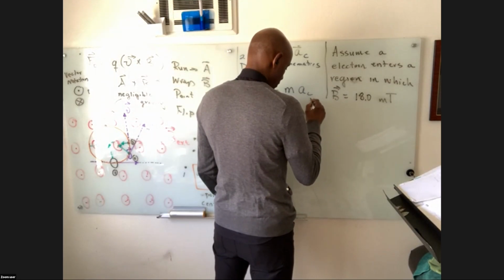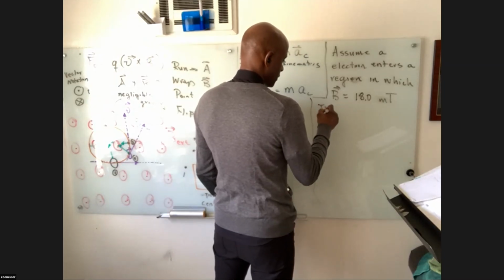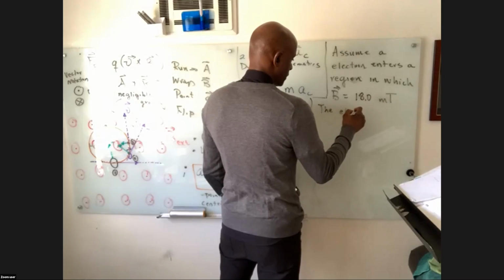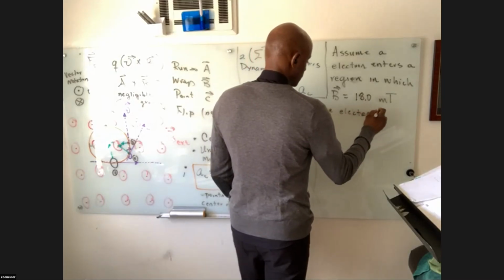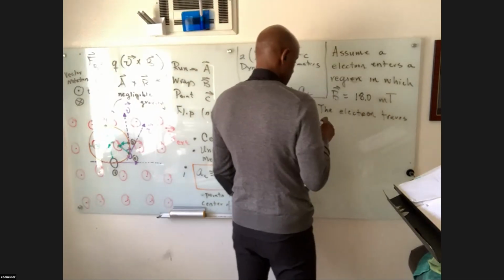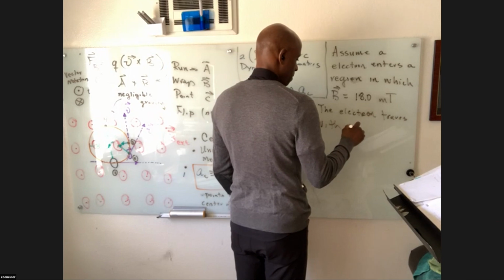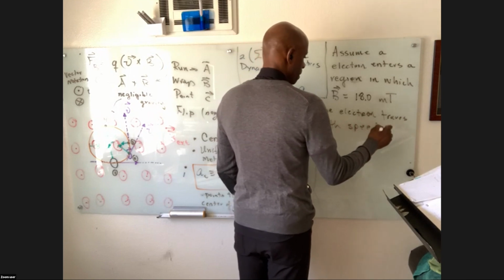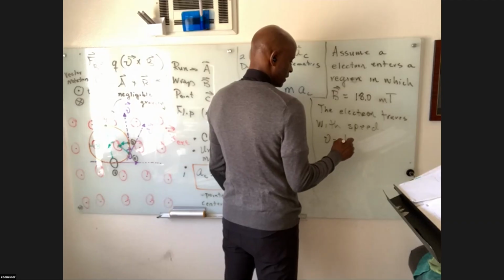So the electron travels with speed v equals 1/8 c.